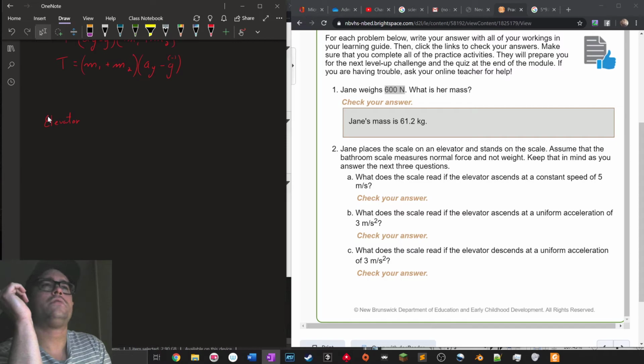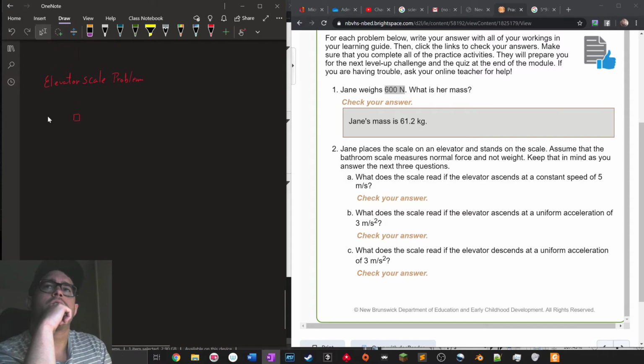Elevator scale problem. So Jane is in an elevator. She is this box. She has an Fg, which is her weight, 600 Newton.